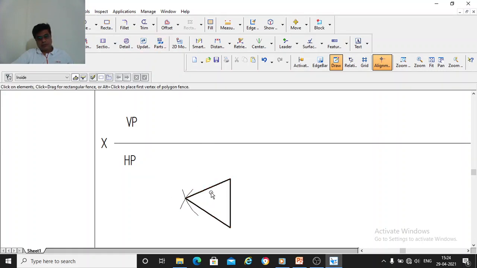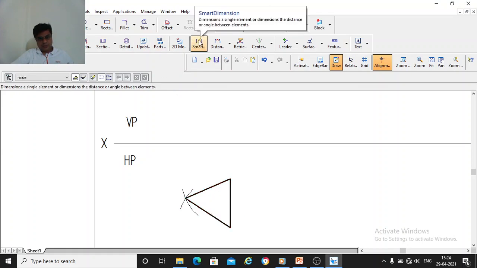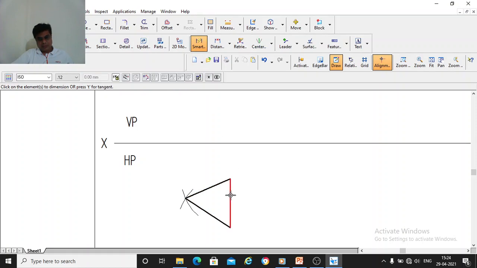So it's an equilateral triangle. So all the three sides are 25 mm. So I'll give dimension to one of its edge like this, 25 mm. So you can give the dimension like this. So leave some small gap here.